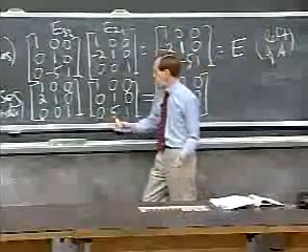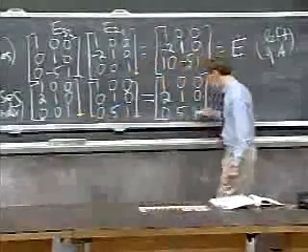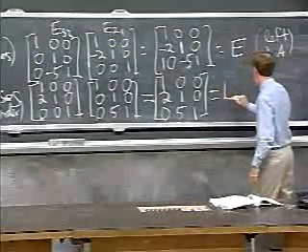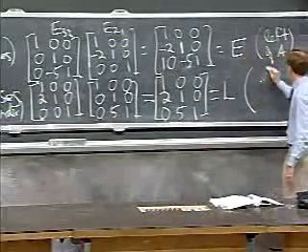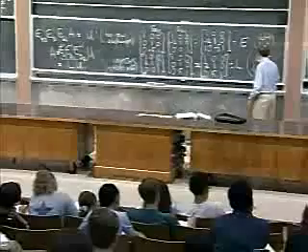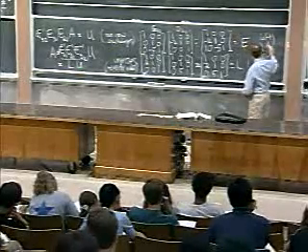Because one way to say is, this is saying, take 1 of the last row, and there it is. And this is my matrix L, and it's the one that goes to the left. It goes on the left of U.